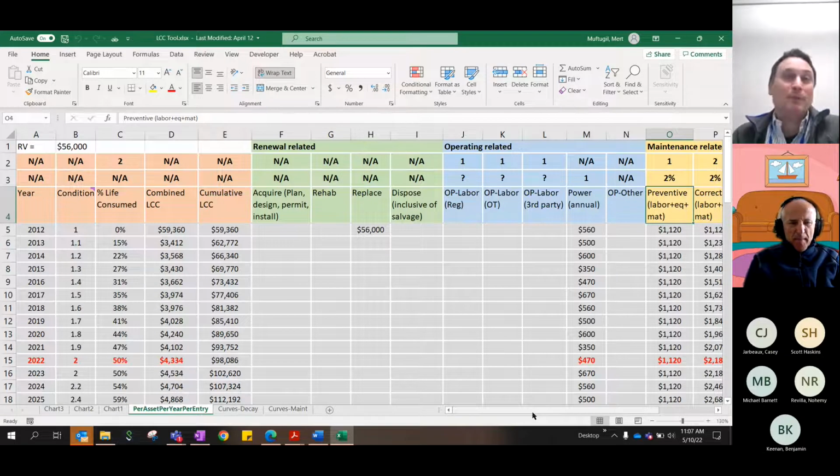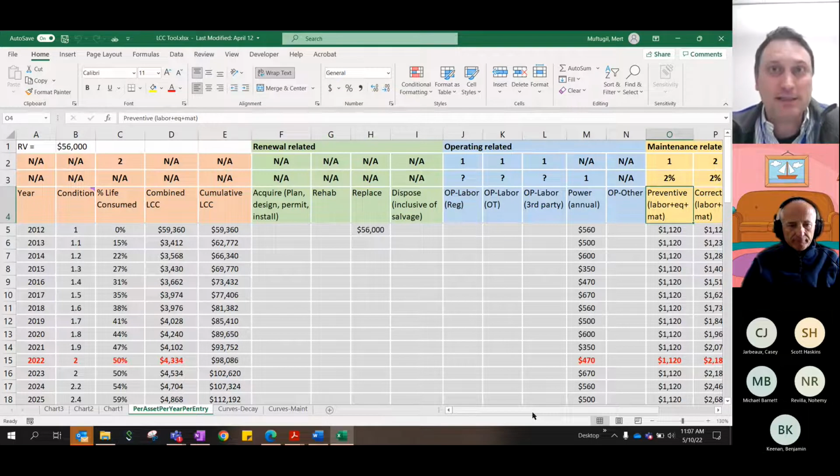Like same pump in Portland versus same pump in maybe one of your utilities where you're by the ocean and you're having to deal with a lot more grit and sand than we do here. Obviously we'll have a different operating environment there. So you will have to deal with maybe a higher amount of corrective maintenance than we would here in Portland, just as an example, even for the same asset.